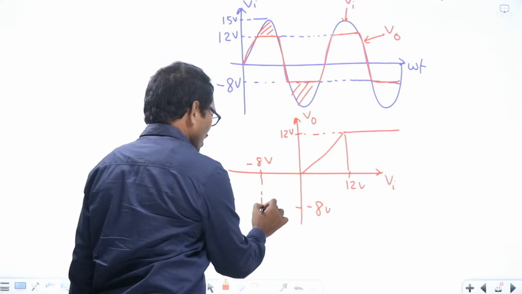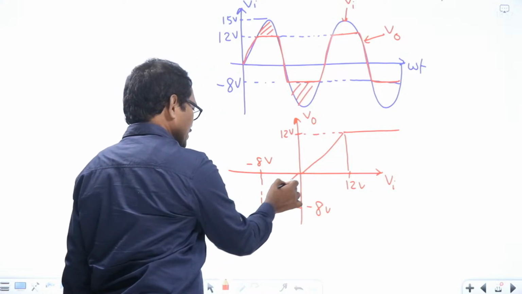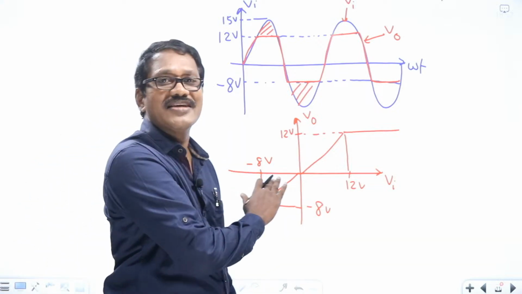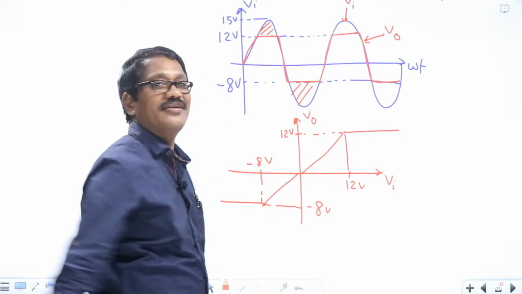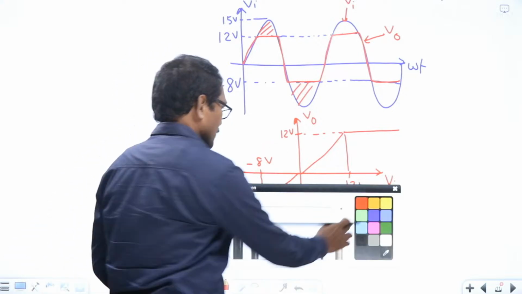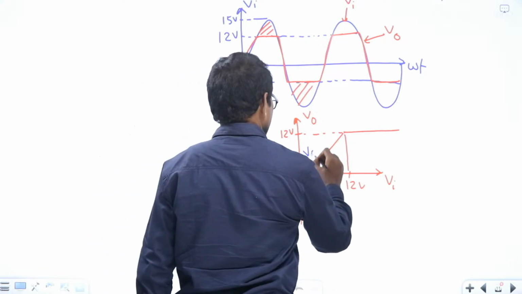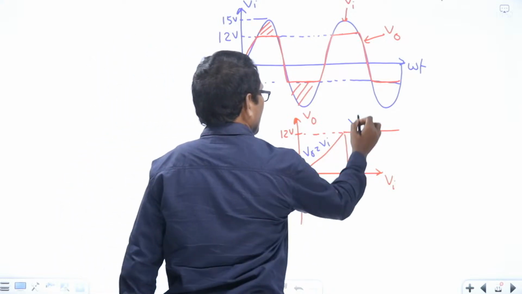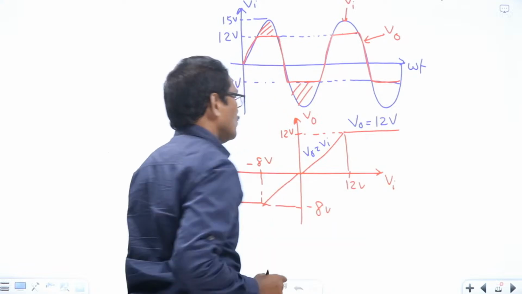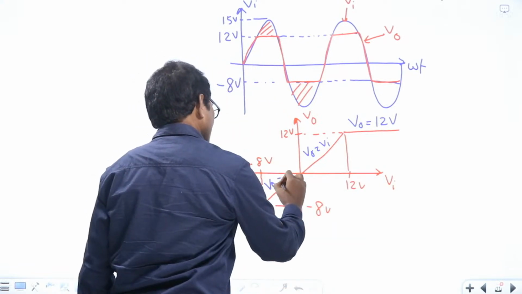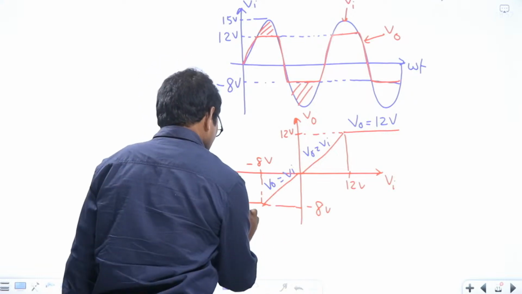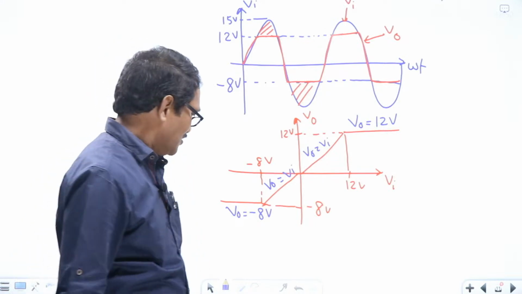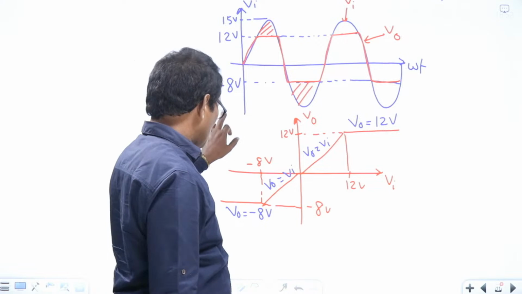Similarly, during the negative half cycle, till minus 8 volts, the output follows the input variations, and once it exceeds minus 8 volts, it stays at a constant value like this. So in this region output voltage is the same as input voltage, here output voltage is fixed at 12 volts, and here output follows the input until minus 8 volts. Is it clear for you? So this circuit acts as a two-level clipper.